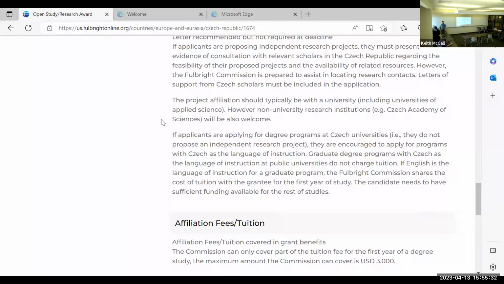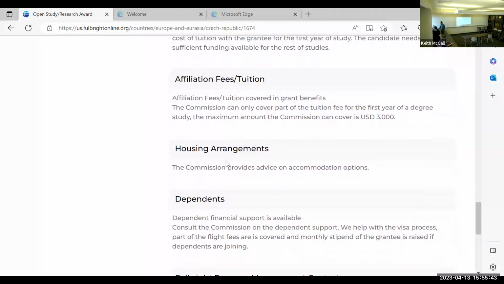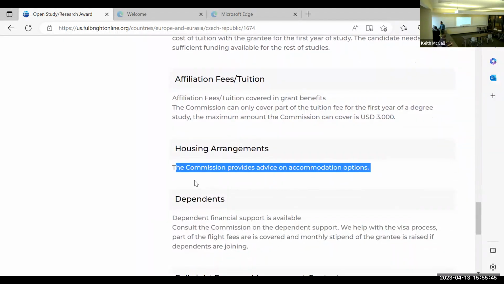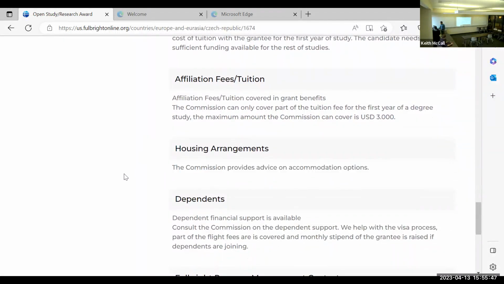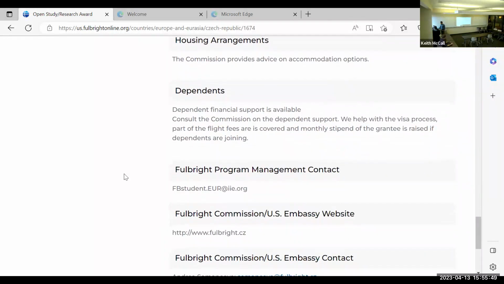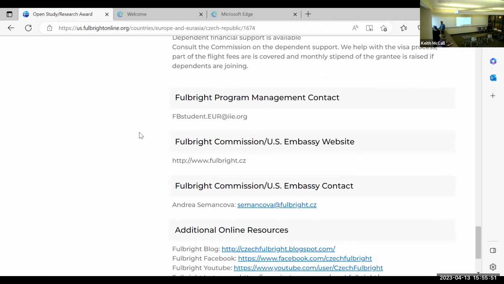So you always want to pay attention to that as you're thinking through who your affiliations would be, and see if they, in their affiliation section, detail exactly what it needs to be. They will provide advice on accommodation options. And again, you get the country specific contact info at the bottom of the page.